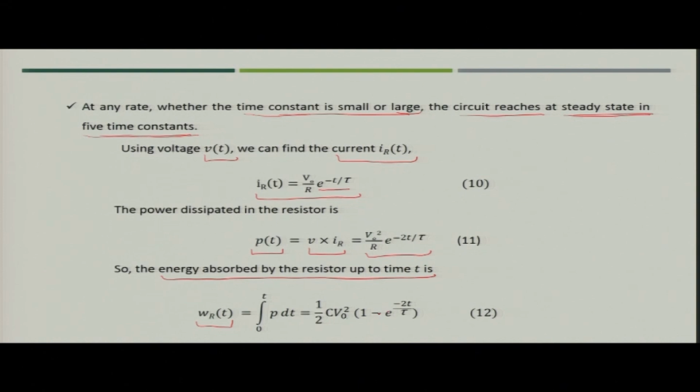How did we get C? Because the tau component comes in, and you can replace tau with C into R, and then the R in the denominator and the R in the numerator cancel out. So, you finally get half C V naught squared into 1 minus e to the power minus 2t by tau.